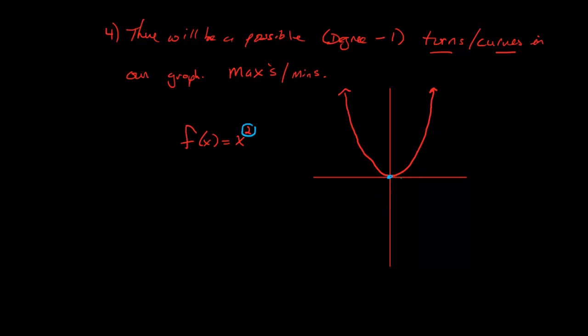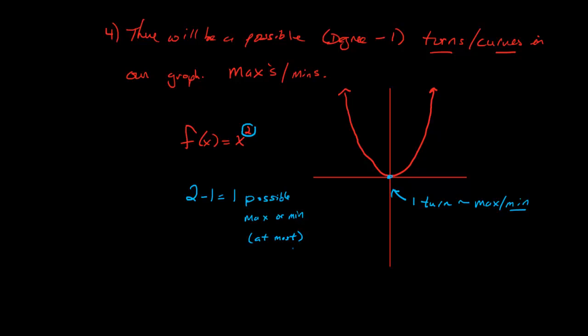But notice there is one turn in the graph, which is synonymous with a max or a min, and in this circumstance it's a min. So if we take the degree and subtract 1, that gives us one possible max or min, and that's going to be at most. We're never going to exceed this value.